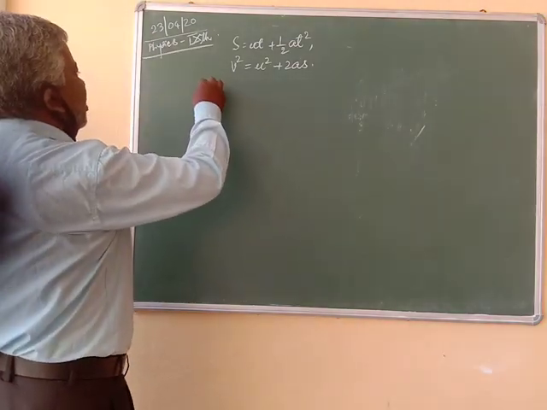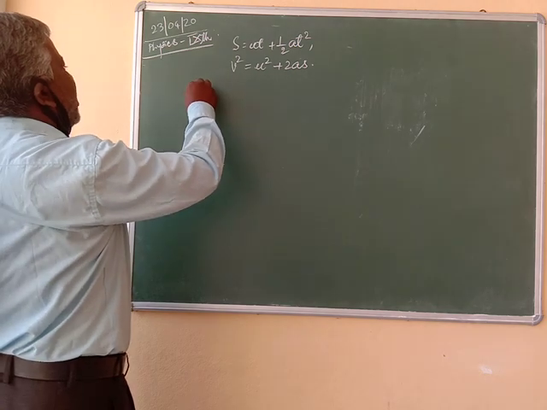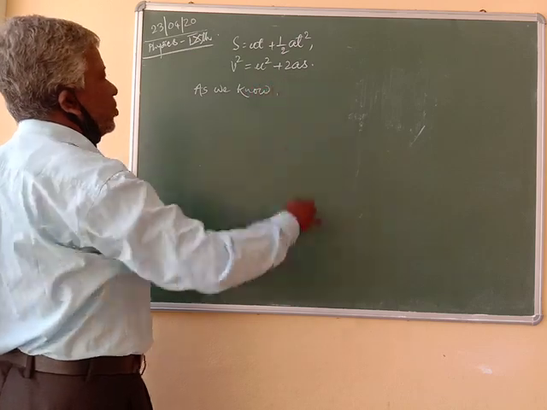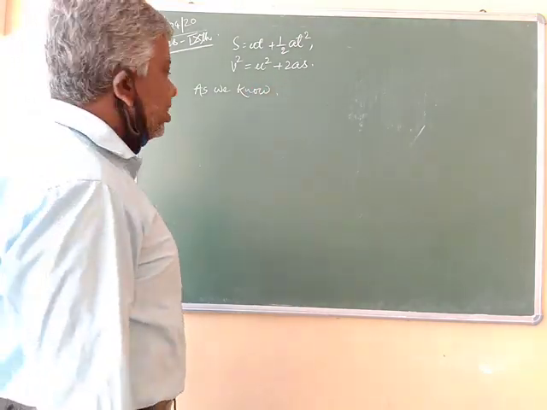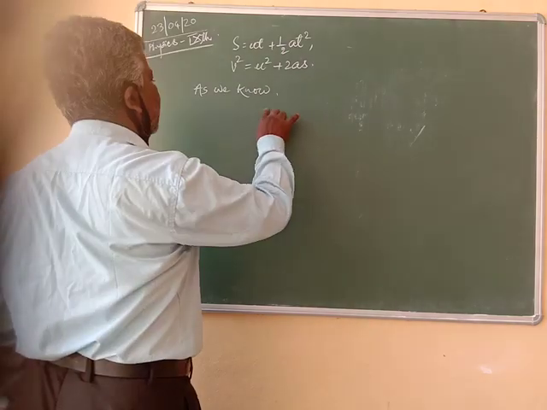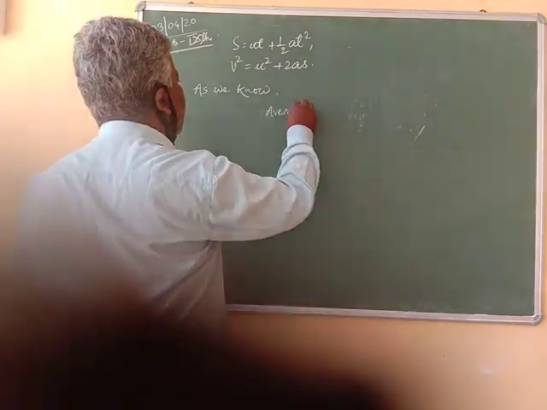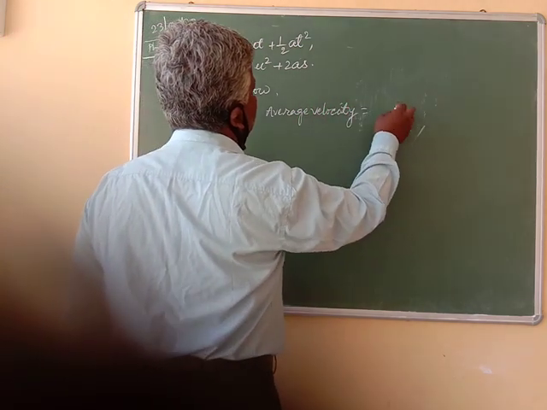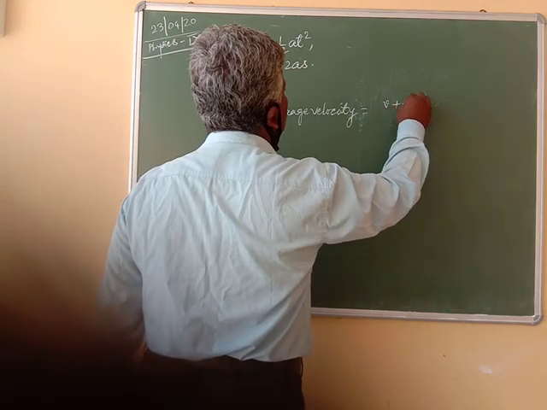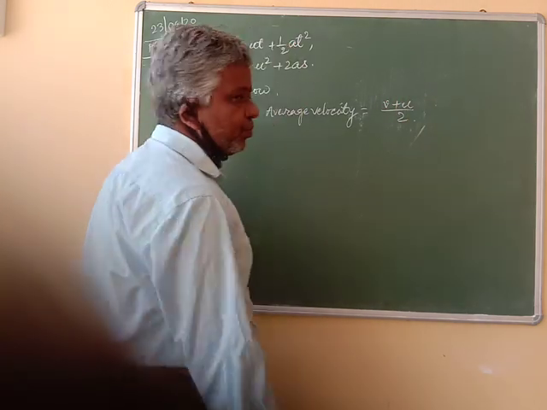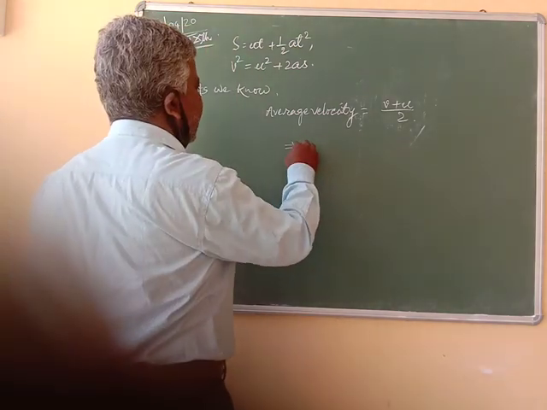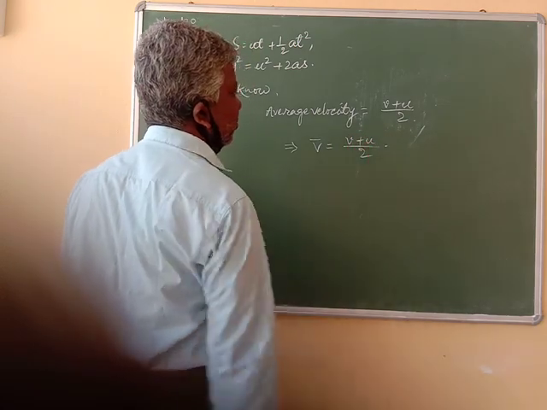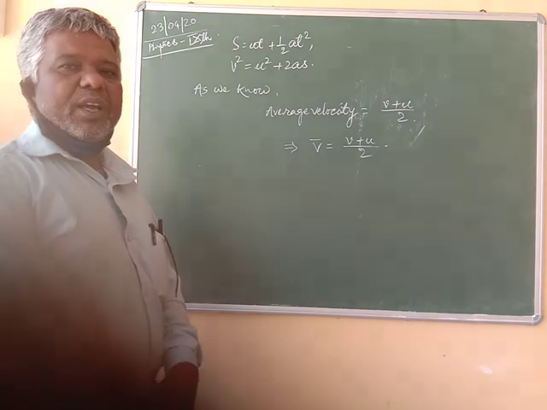For your kind information, as we know, average velocity is equal to (v plus u) by 2.